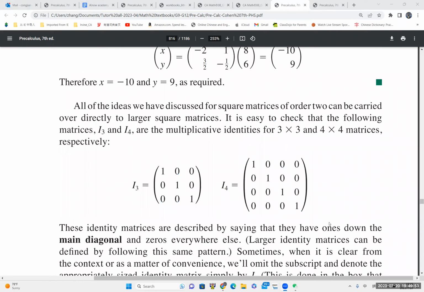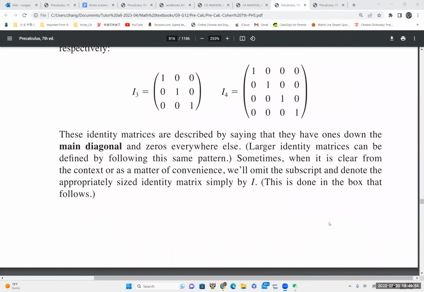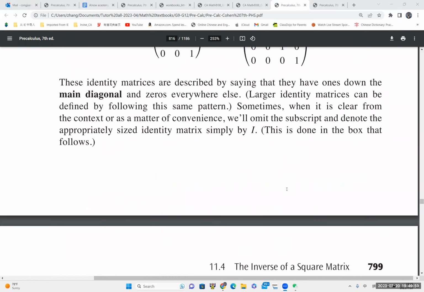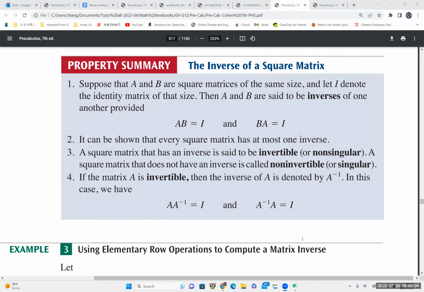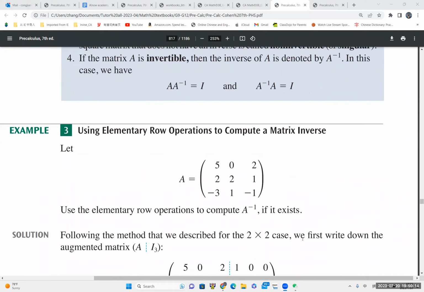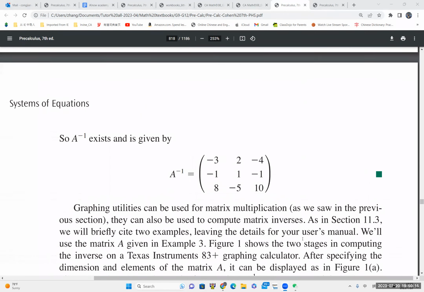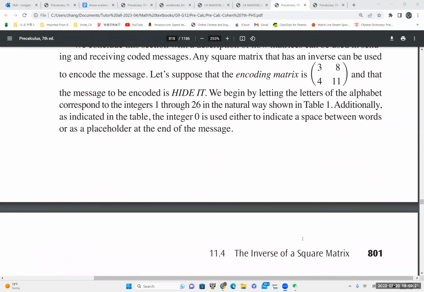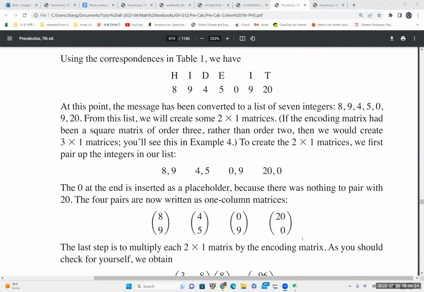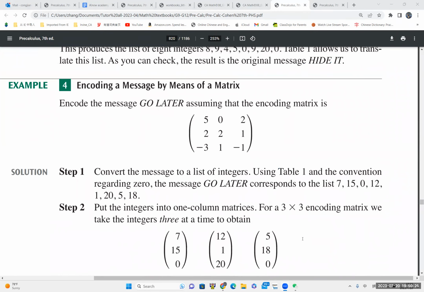So the question is how to find the inverse of the matrix, right? I suppose they'll show you a way. Let me see where they show you. Maybe it's the next section.